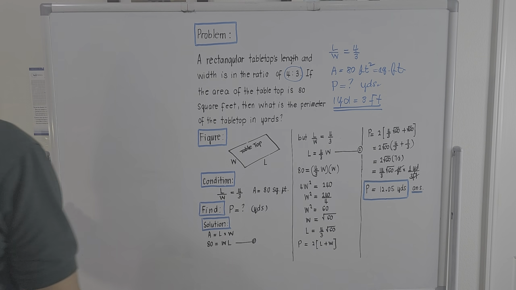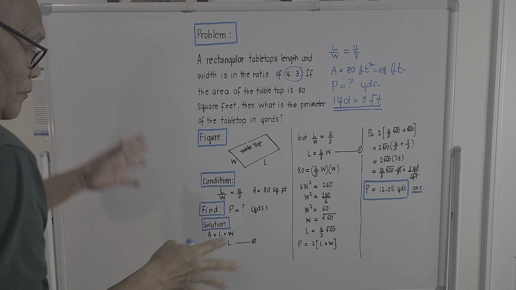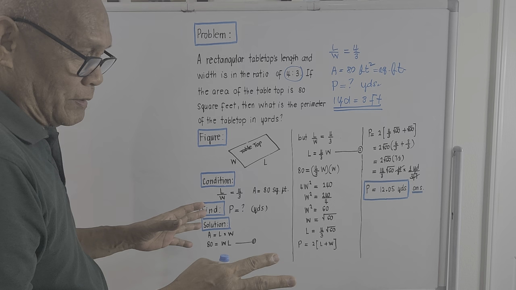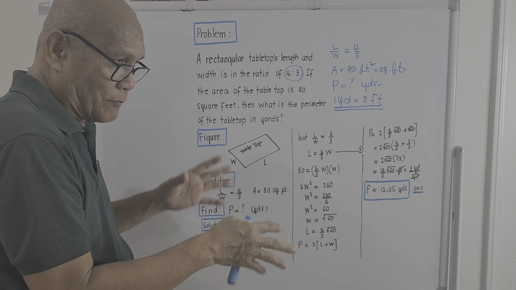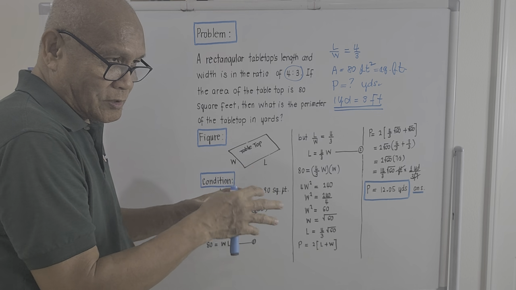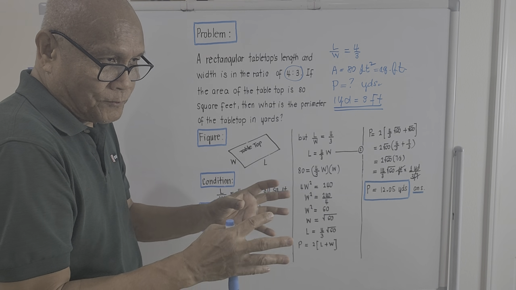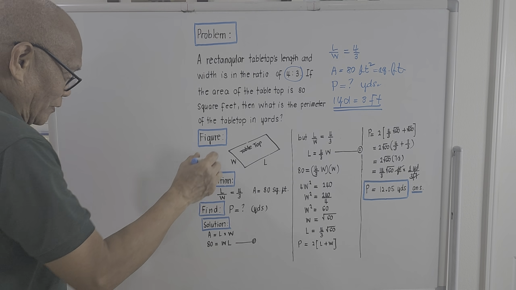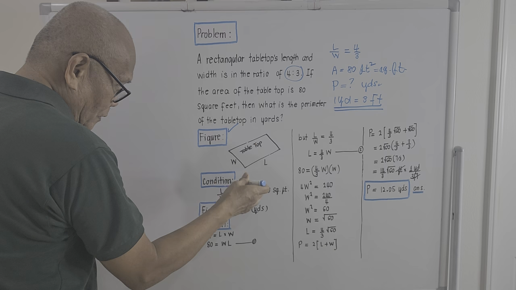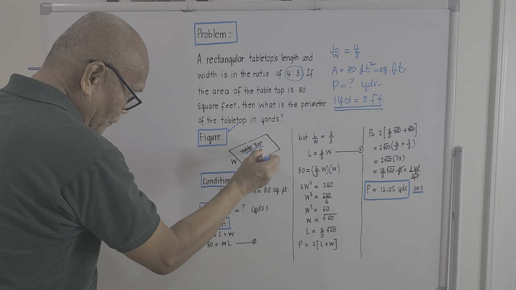Okay, let's bring out the solution. This is a verbal problem, so we will derive our equations from the verbal problem itself. We translate the verbal equivalent to an equation so we can formulate our equation. That's algebra, right? This is the figure: the length, the width, the tabletop.